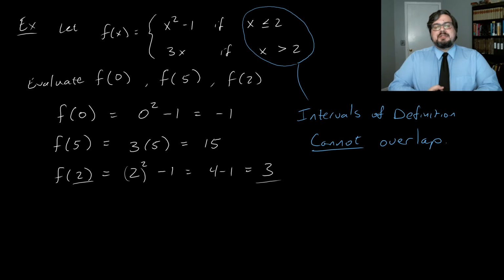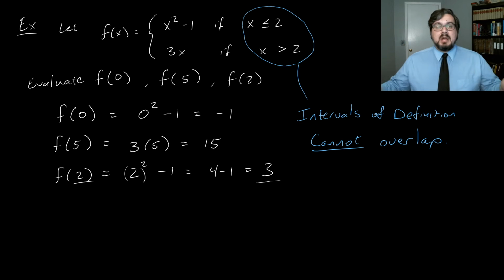Now, full disclosure, there are occasional situations where it might be okay for them to overlap because you happen to get the same number out of both formulas when you plug in the overlapping number, but even there, it's not necessary. So your best practice when working with piecewise defined functions is to make sure that your intervals of definition never overlap. Make sure that any input falls into at most one of the intervals in your function.